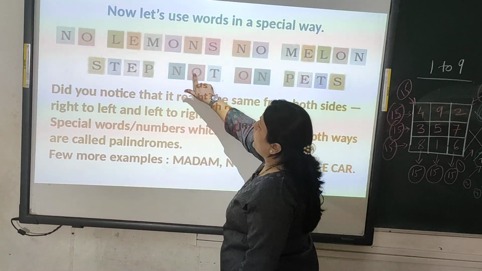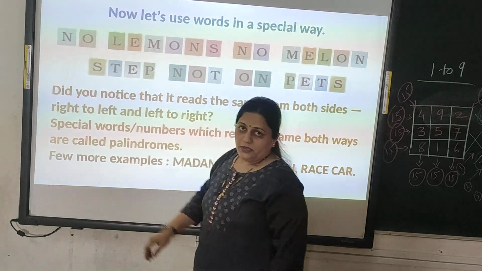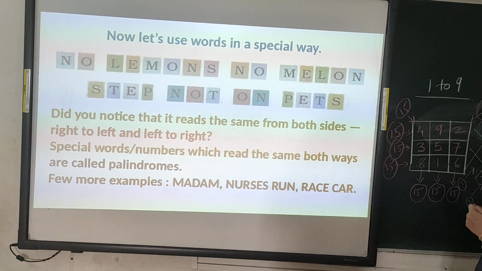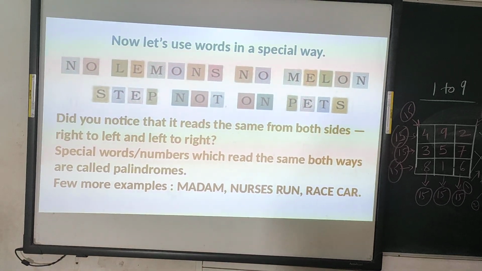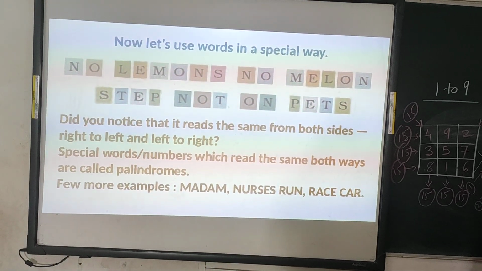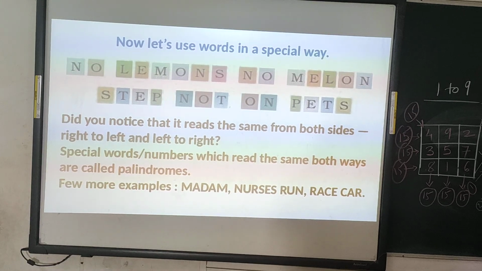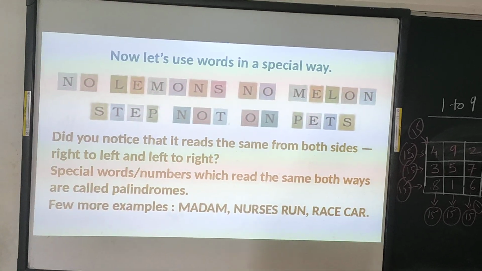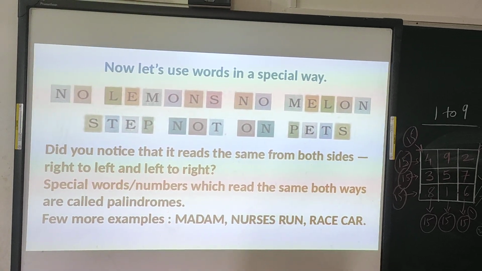If you read this from right to left or left to right, the reading will be the same. This type of special words or special numbers which read the same both ways are called palindromes.